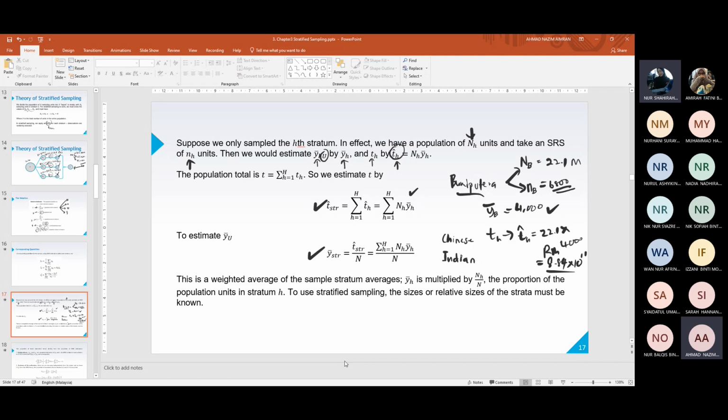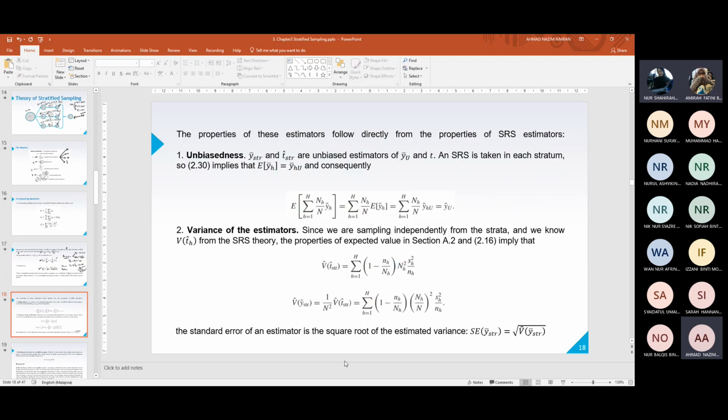Then you can sum it all, and you get the estimated population total by using the stratified random sampling. STR here indicates the stratified random sampling. The same goes to the mean, the mean population if using the stratified sampling technique.